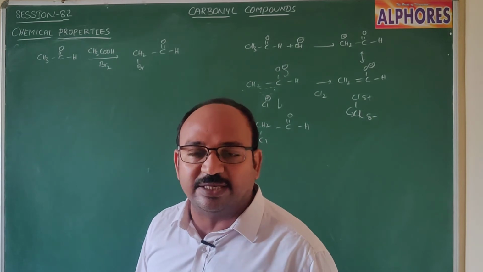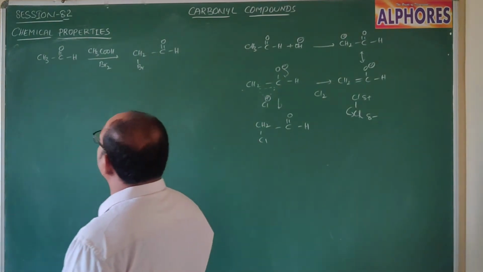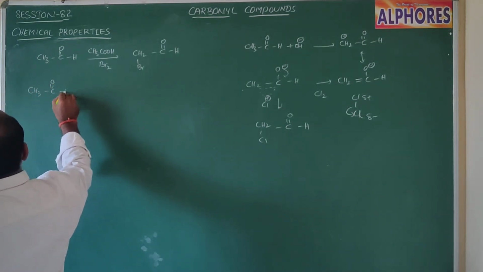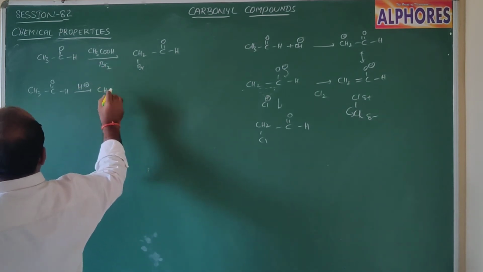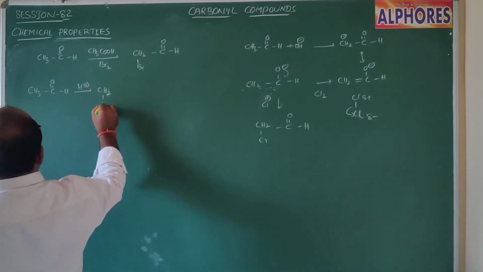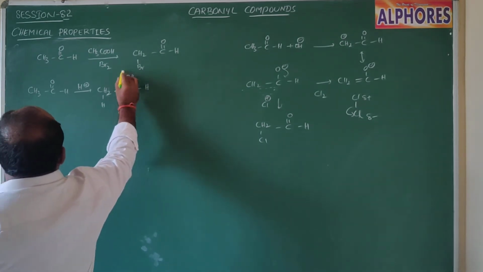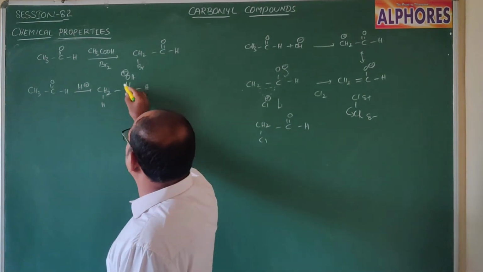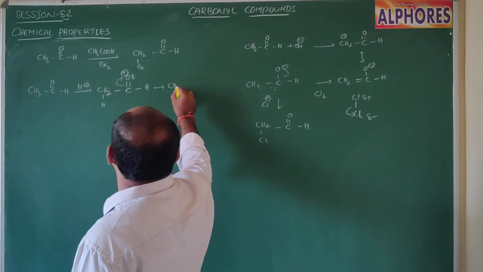In case of acid, how does such a reaction proceed here? Now let us see. When we are providing CH3 C double bond OH, we are giving H plus from acetic acid. Then we are getting CH3 C double bond OH H plus. Here it is going to bear a positive charge. Whenever it bears a positive charge, the pi electrons are pulled towards the more electronegative oxygen.